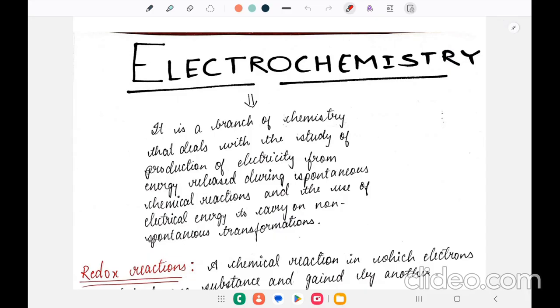So basically, it is a branch that deals with the study of production of electricity from energy released during spontaneous chemical reactions and the use of electrical energy to carry out non-spontaneous transformations.